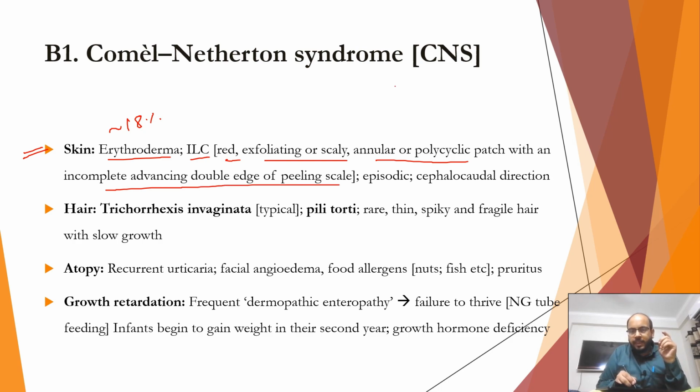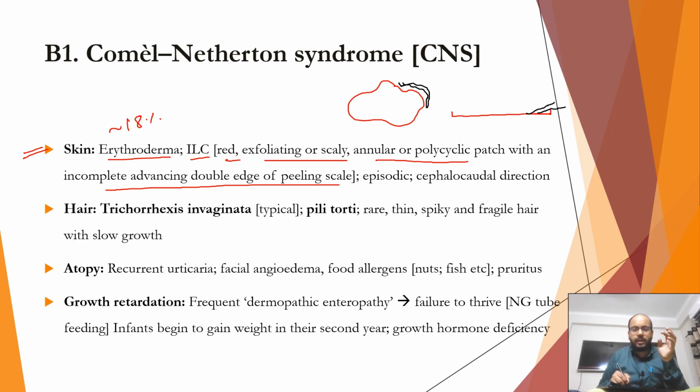Now, what it is, you will see an erythematous scaly plaque, and you will see two layers of scales at the advancing edge, at one edge. So if you look vertically, it will look like this. If you look somewhat parallel to the skin or at an acute angle to the skin, you will just see two layered scales at the advancing edge.